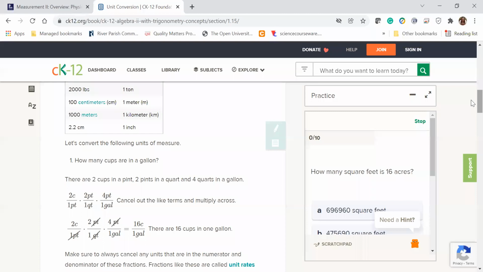Great, great, great. So here's what I need for you to do for me. Between now and Thursday, I want you to come back, review these notes, and I want you to make up an example problem dealing with unit conversion.